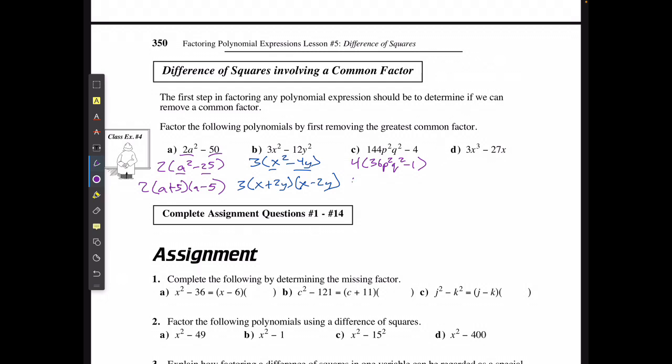And I'm going to have 4 and 6pq plus 1 and 6pq minus 1.